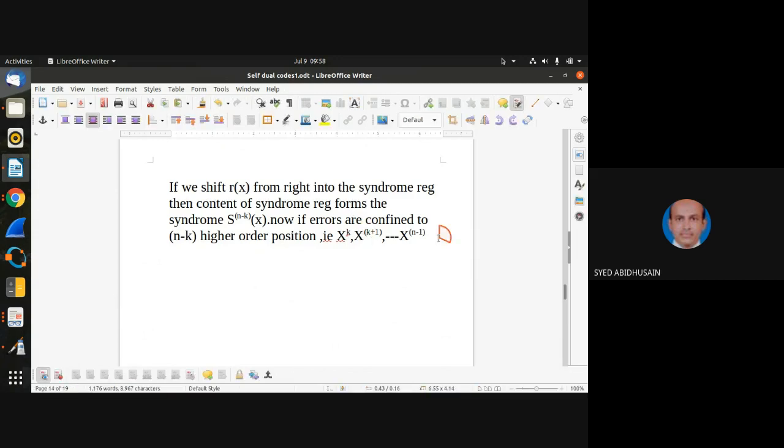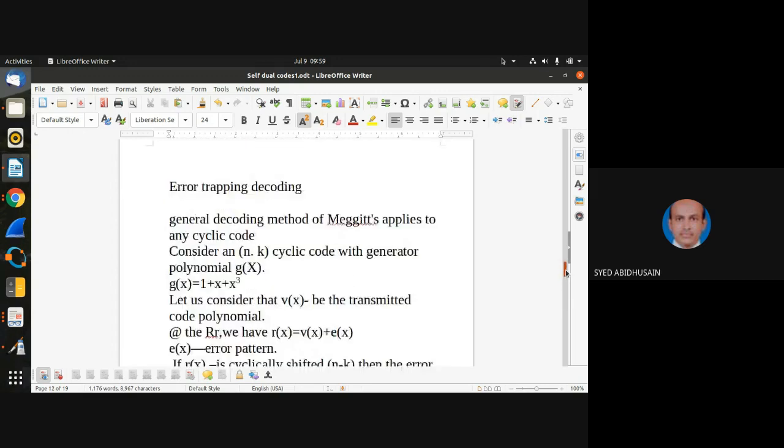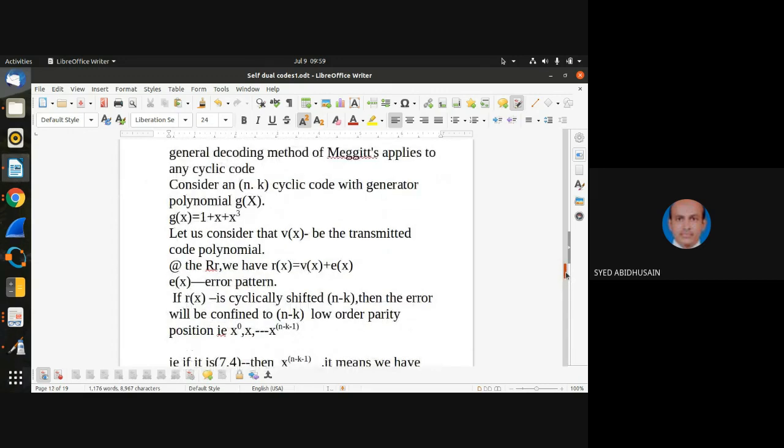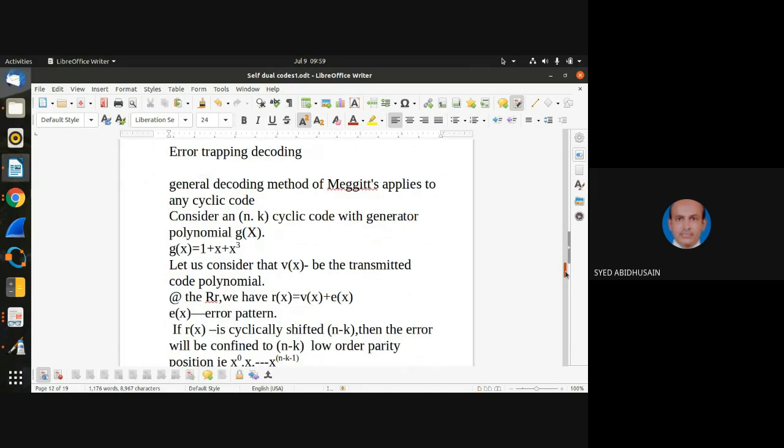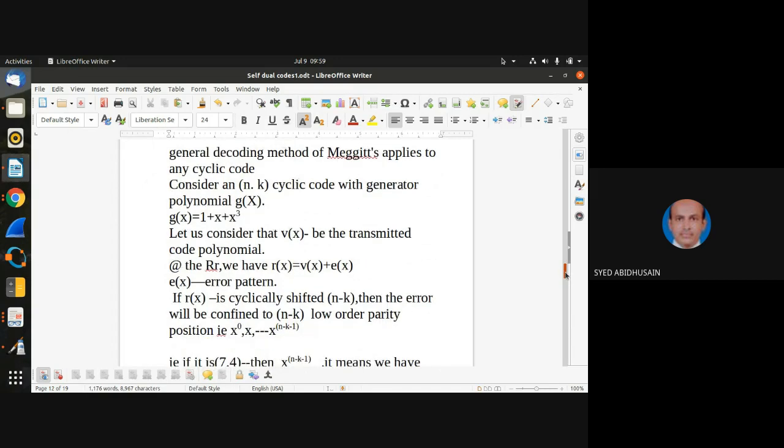Is it not a beauty? We are able to comprehend that the higher order positions should have the errors so that we can correct them in a proper way. So this is the concept in error trapping decoding. Errors will be trapped into some particular bit positions, say higher order positions.